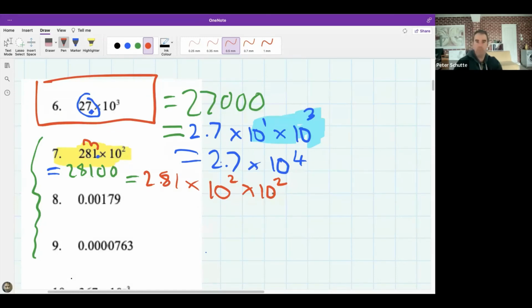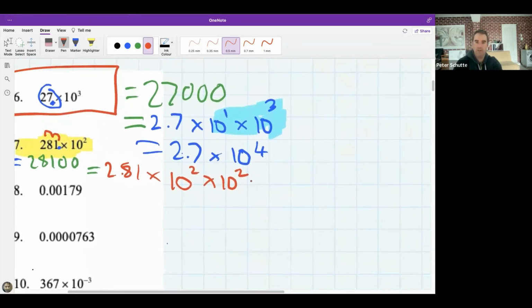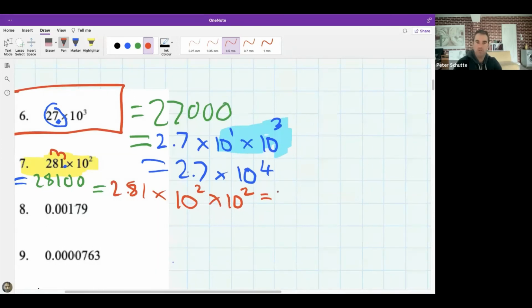And so you're going to end up with 2.81 times 10 to the power of 4. Because this bit over here is handled by that part. And then you just have to work with the extra bit in the end, and put them together.